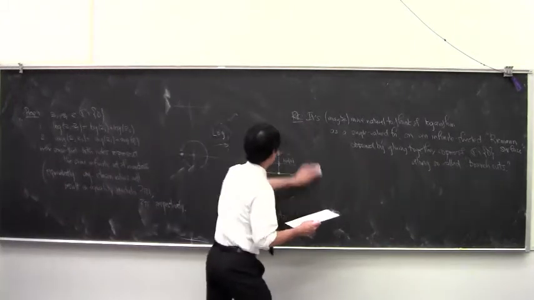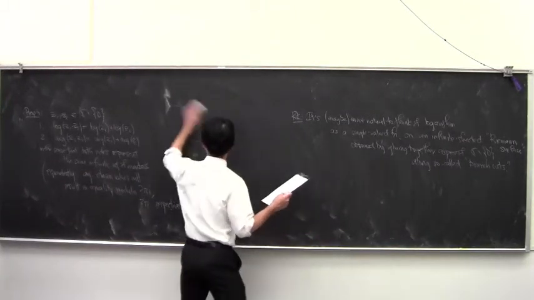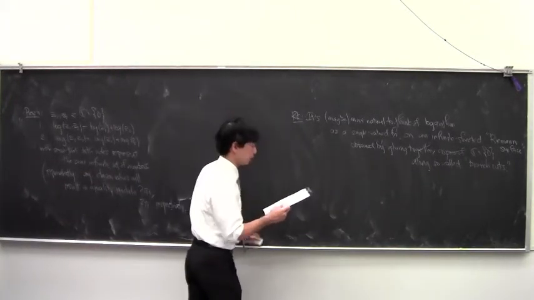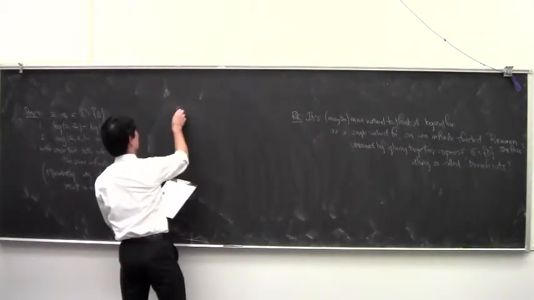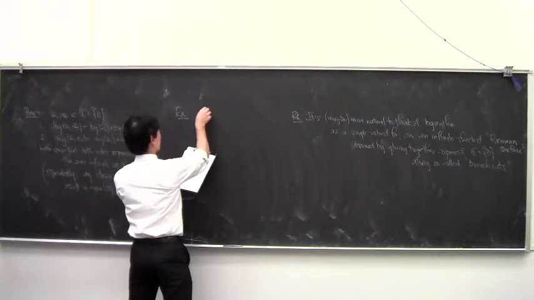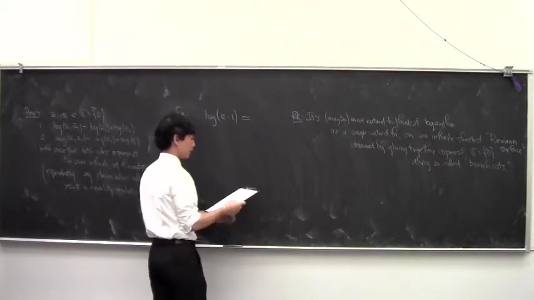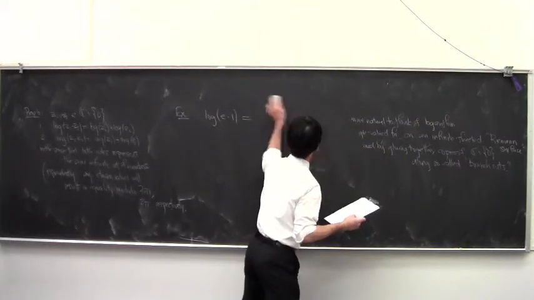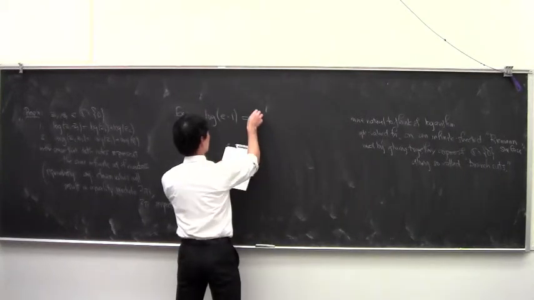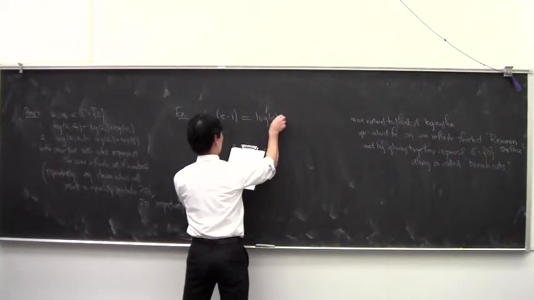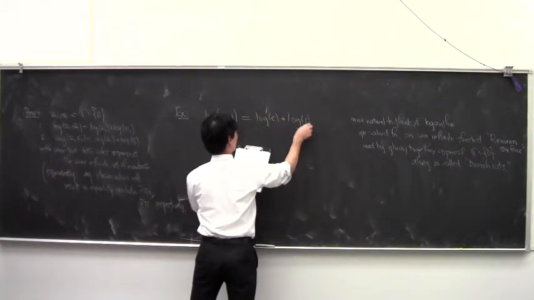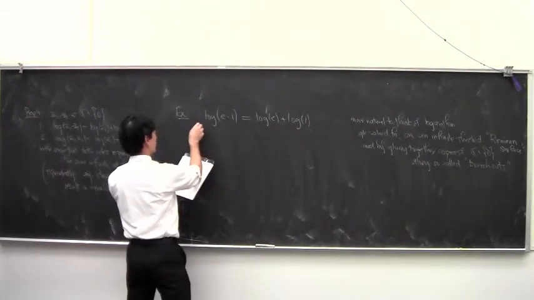Let me do a quick example, show you what I mean. If we look at the log of e times 1, if I write something like the log of e times 1 is the log of e plus the log of 1, that's true.